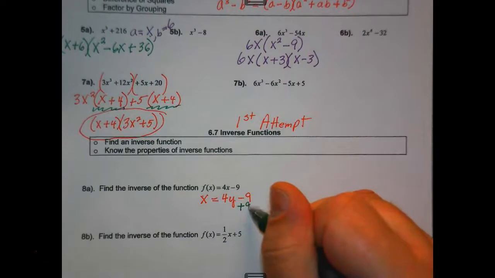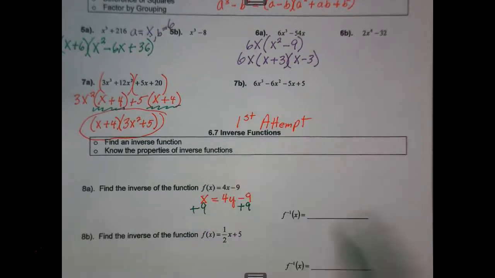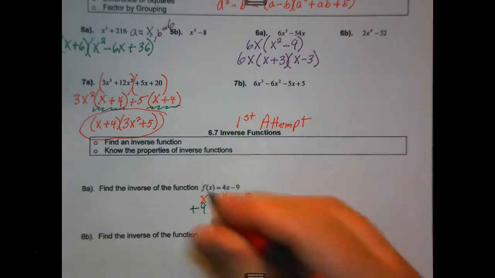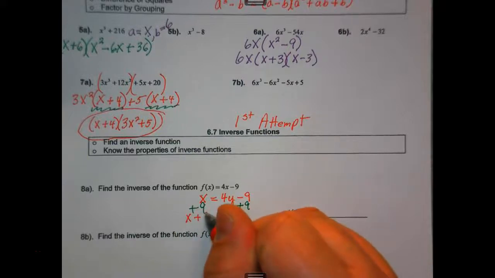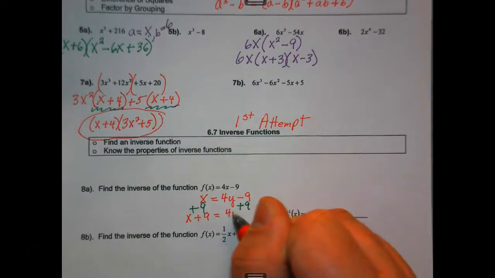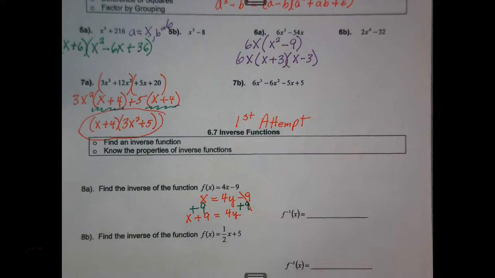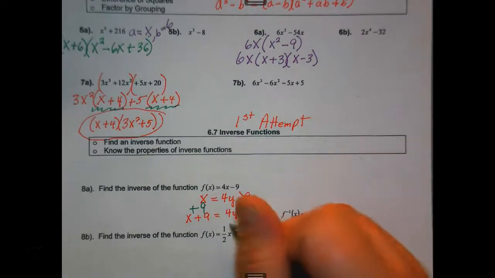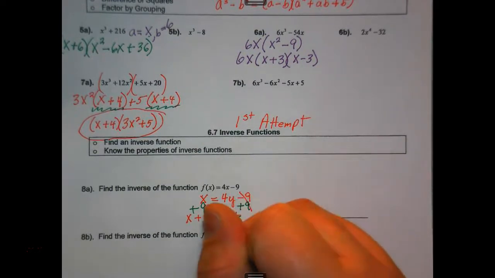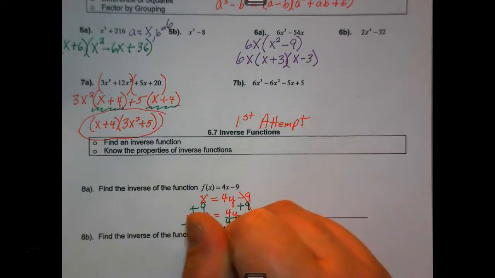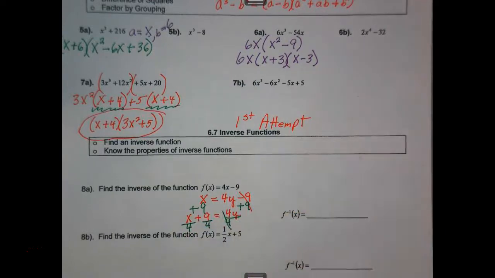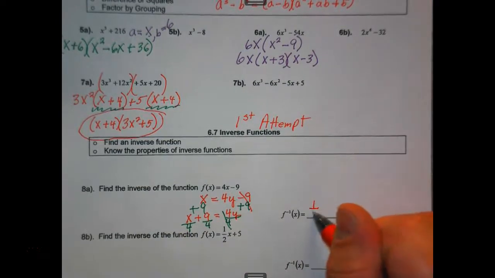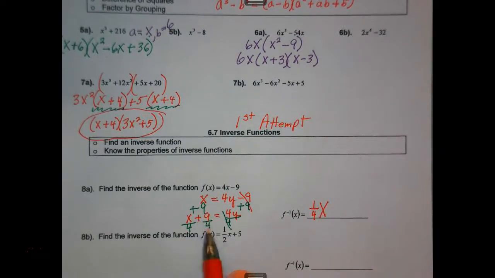Add 9 to both sides: x plus 9 equals 4y. Then divide every term by 4. So my inverse function equals x over 4, or 1/4 x, plus 9/4.